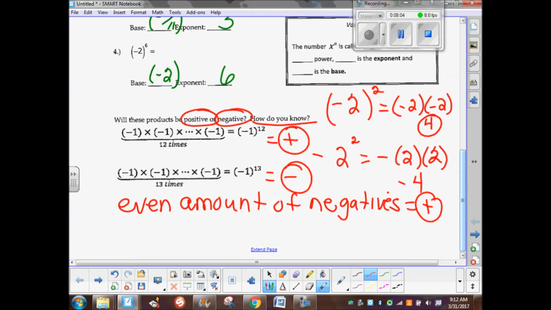But if you have an odd amount of negatives, your answer is negative. Why though? What's a positive times a negative? It's negative. Okay? When I have an odd amount of negatives there. If I have negative times a negative, it's a positive because I have an even amount of negatives. Okay.